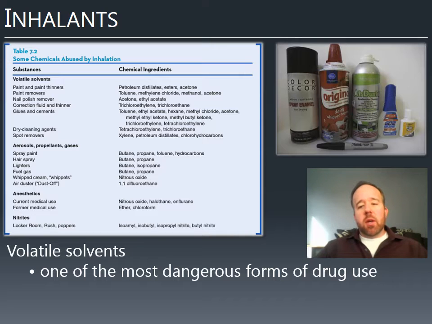Also, because these substances aren't manufactured for human use, they're not created in the proper dosages for human use. So people are not only administering these drugs to themselves, they're also deciding on their own dosage, whereas taking a pill, for example, or pouring yourself a drink, these are commonly manufactured in the appropriate dosage.